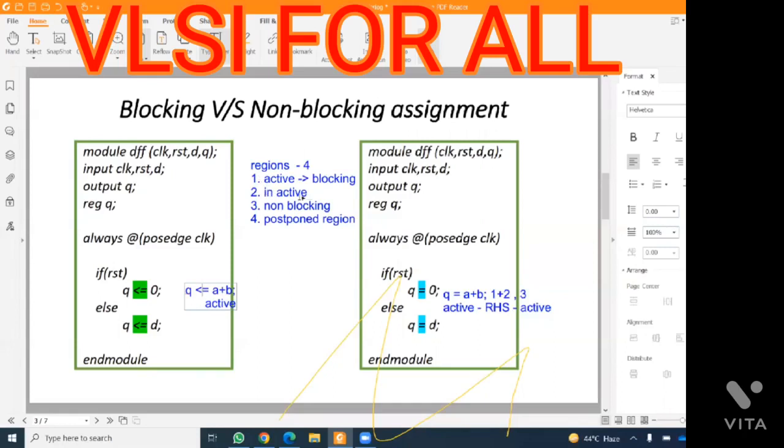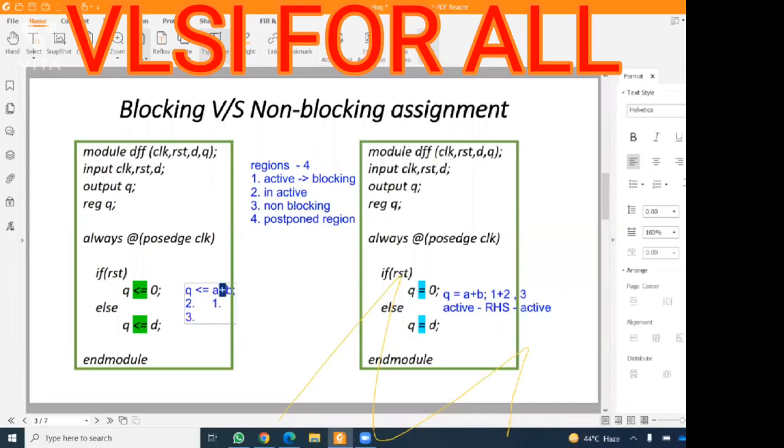Okay, one answer is, let me mark this as 2. So 2 represents inactive. Non-blocking. Okay, one is saying non-blocking. Any other? Yeah, non-blocking. That is why we have a special region for this.